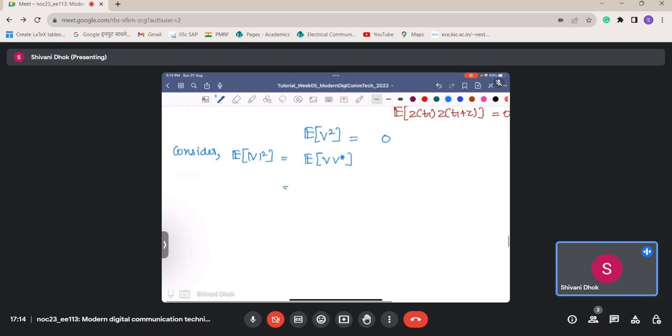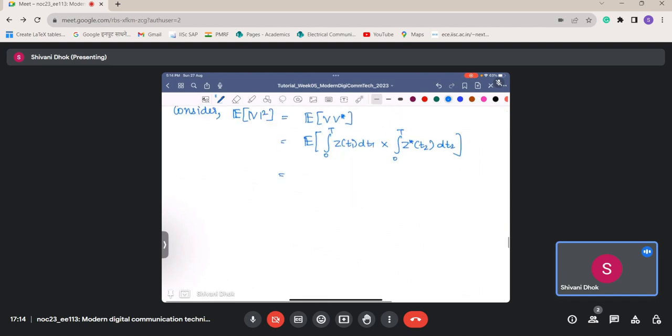So this I can write as expectation of the integral from 0 to t of z(t1) dt1 multiplied by the integral from 0 to t of z conjugate of t2 into dt2.